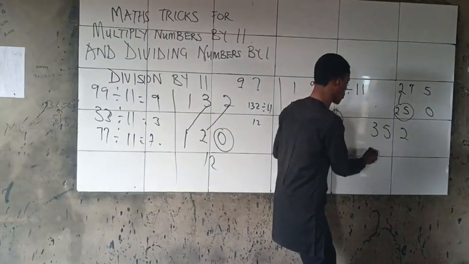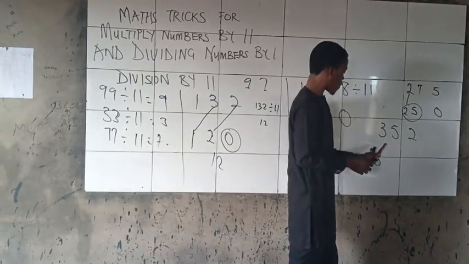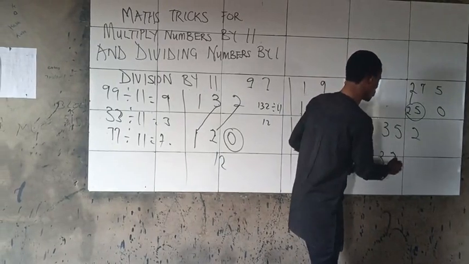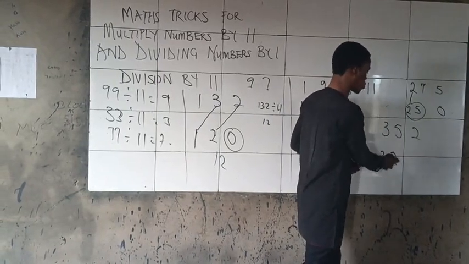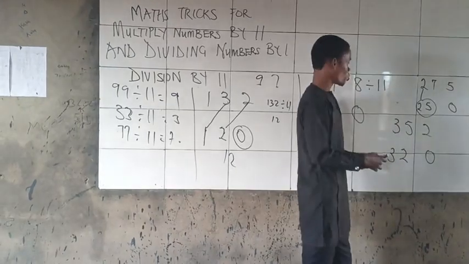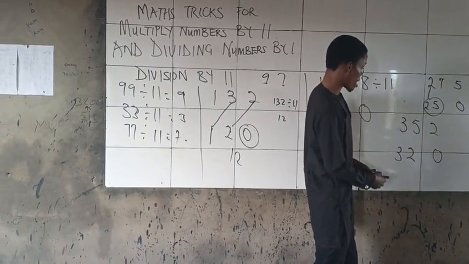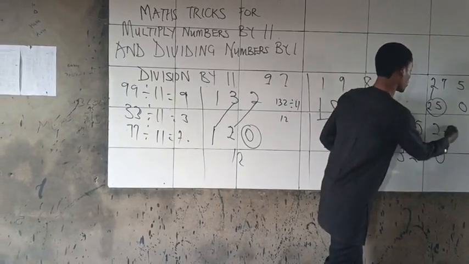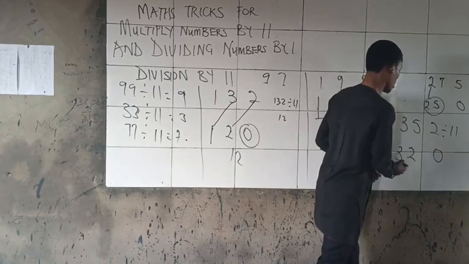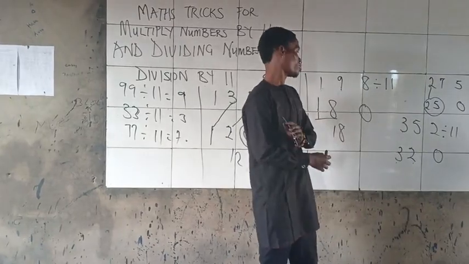Bring the 3 down. 5 minus 3 is 2. 2 minus 2 is 0. So 352 divided by 11 is 32. And that's easy and simple.